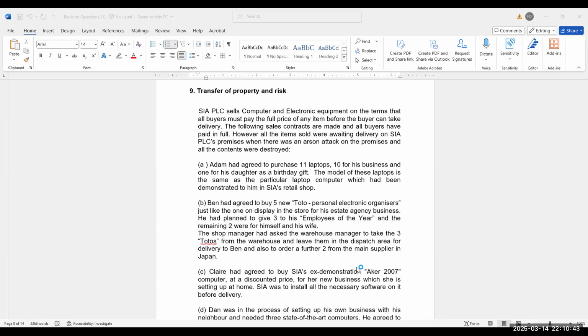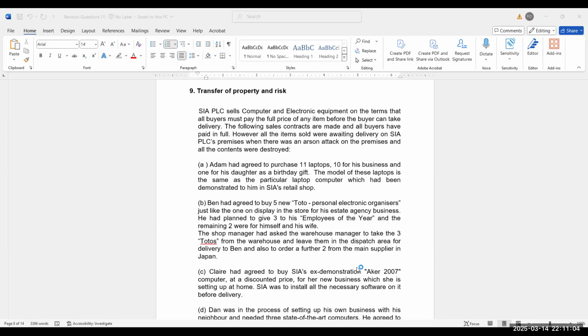The court said he had done nothing that he can't change his mind about. So that shows the extreme of how we construe unconditionally appropriated. And it would seem here that SIA has not done anything irrevocable to appropriate the goods to the contract.